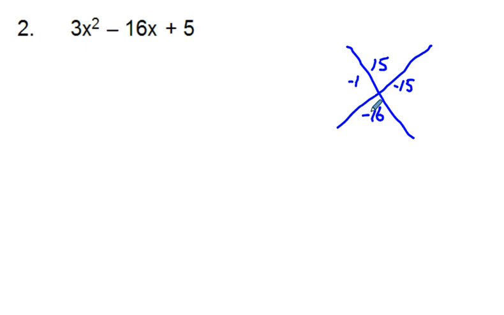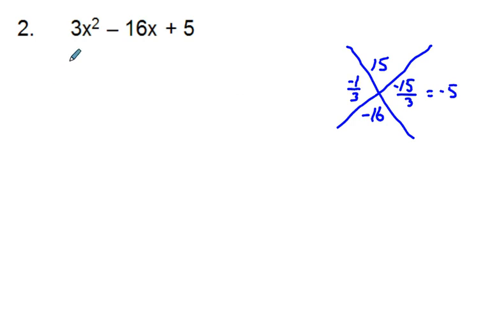When we have this B negative and the AC positive, we're going to have a negative times a negative. So we put negative 1 divided by 3. And on the right side, we have negative 15 divided by 3, which simplifies to negative 5.